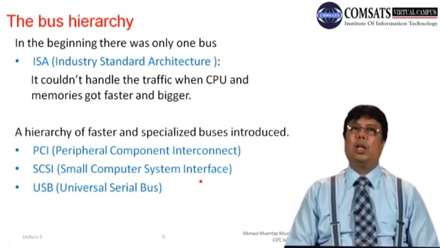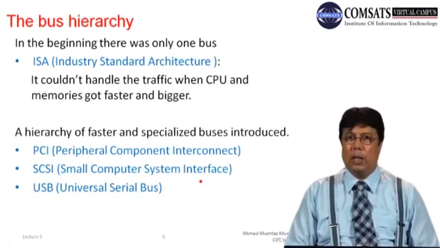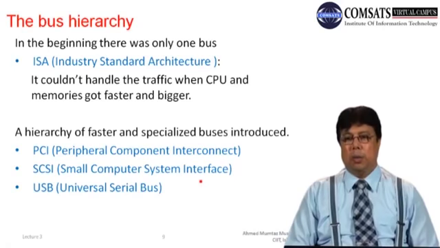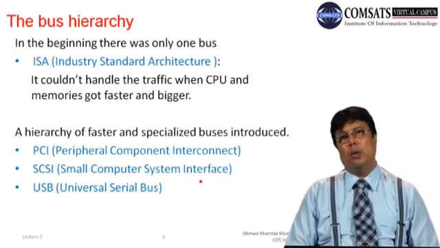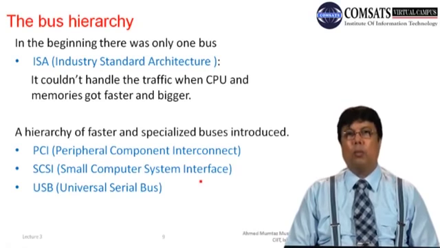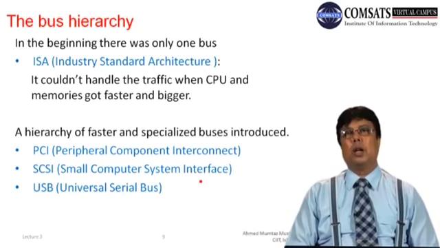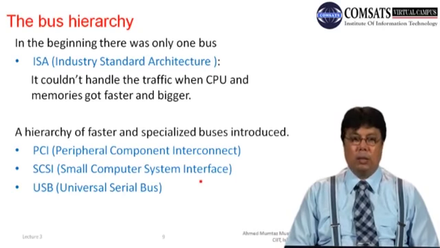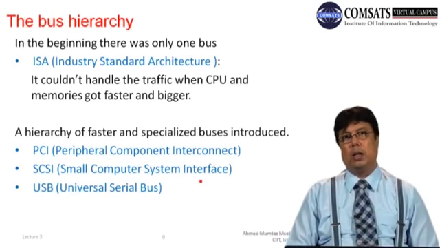So in order to match the speed of the devices and the speed of the CPU, we were required to invent faster buses. So more and more faster buses were introduced, and some of these buses are the PCI bus, Peripheral Component Interconnect.